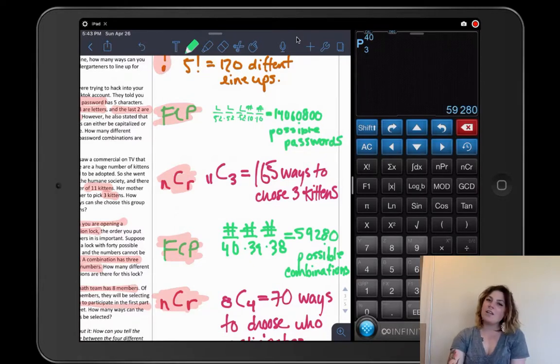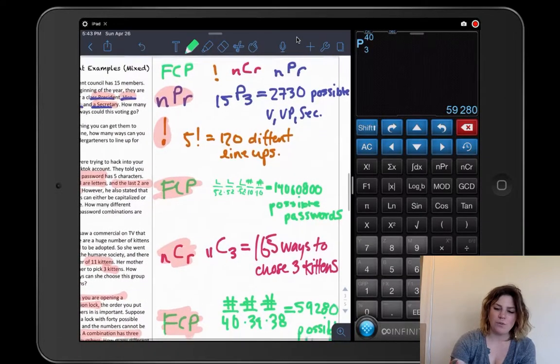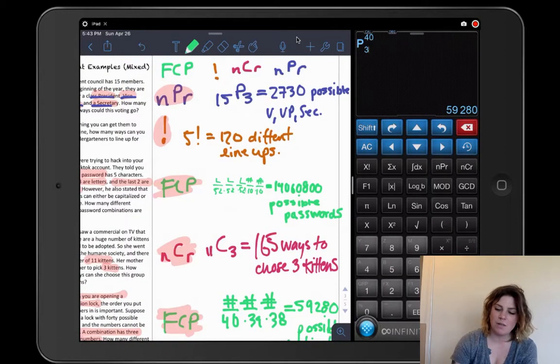So that's kind of interesting, something that you can think of. You need to pick 3 numbers for the combination, and the order matters. So you could use either method. I always use FCP when I'm dealing with passwords just because it helps me stay organized. But just notice that.